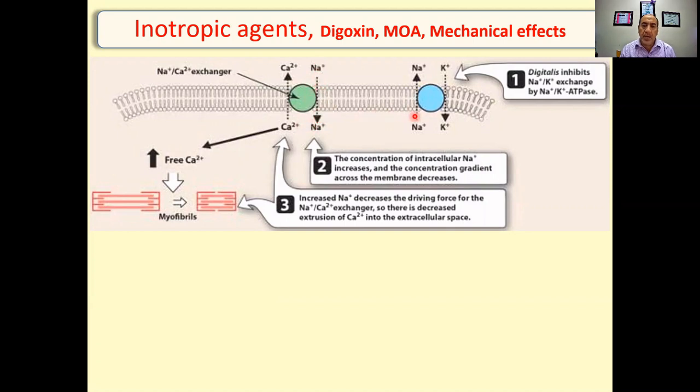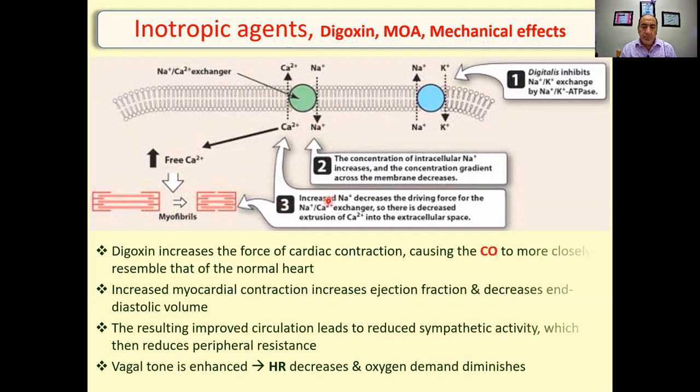So I already have more sodium here, so I don't need to bring sodium, so there is no concentration gradient for sodium to enter, so more calcium, more contraction, okay? So digoxin increases the force of contraction.